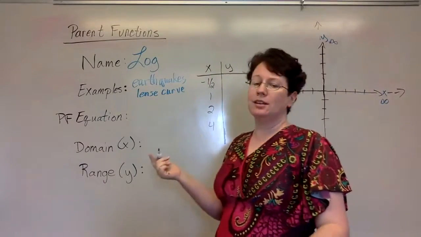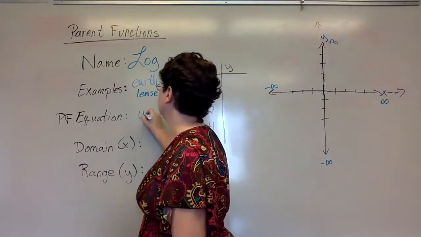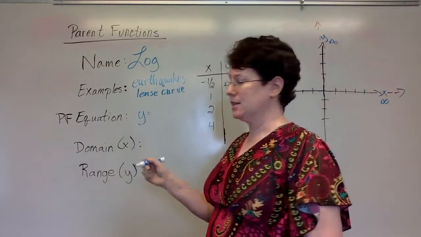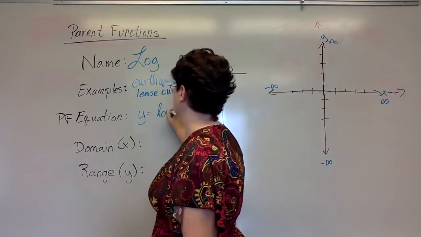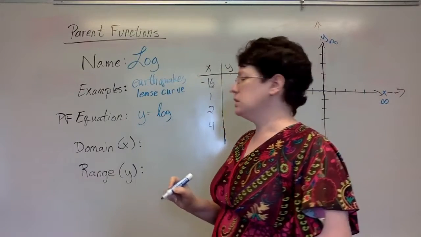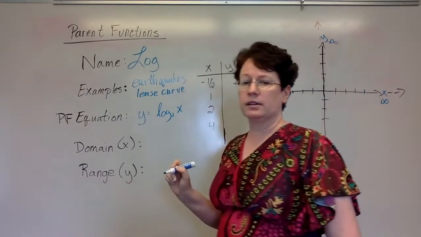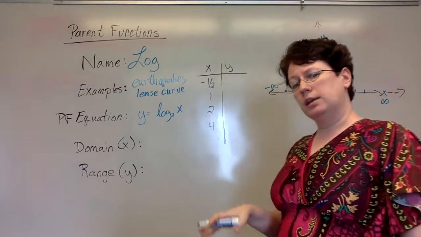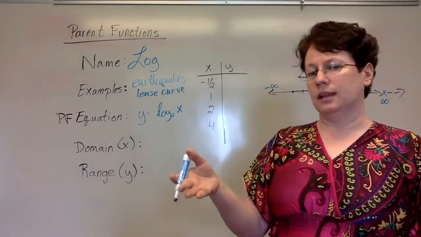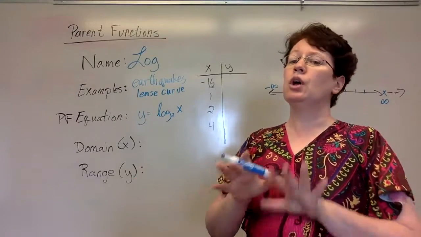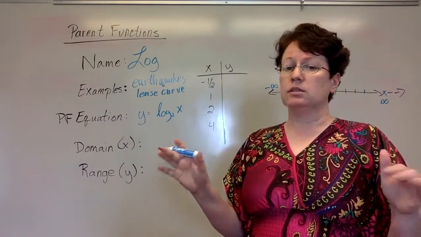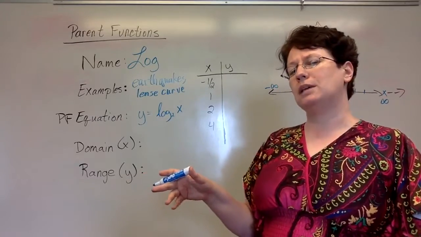The equation is such a giveaway. Guess what it has in it? It has the word log. So my equation is a log with a base 2 of x. Now, that base 2 may not make sense to you now, but later on, we have a full unit on logs that explains what that base is. So remember the base on exponents?